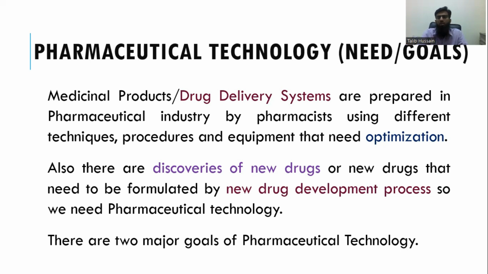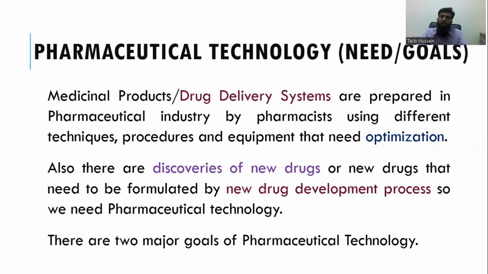So we need an optimization process so that a pharmaceutical industry which is preparing a formulation should have optimized techniques, optimized procedures, and all the equipment qualified and validated before the time of preparation or manufacturing of delivery devices.